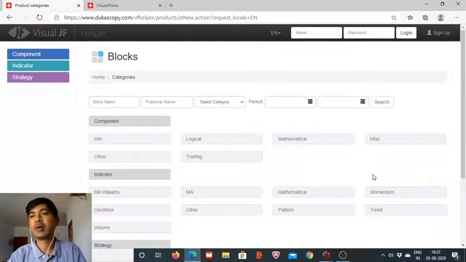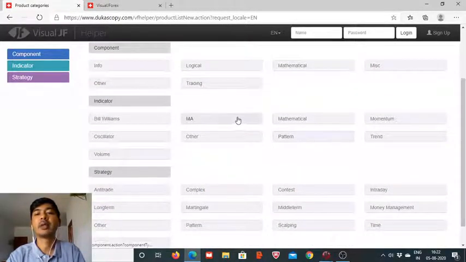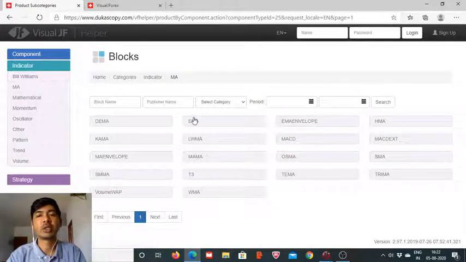So here we will first see the description, how it is calculated, and then we will see how we can utilize this indicator on the Visual JForex platform to build a profitable algorithmic structure to make sure that it will continue to trade even if we are not in front of the screen.